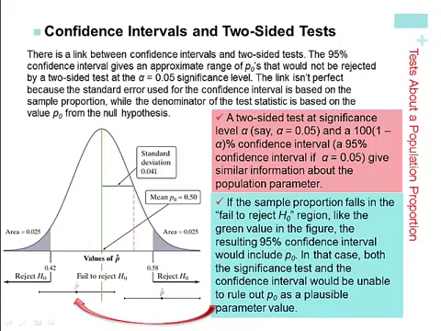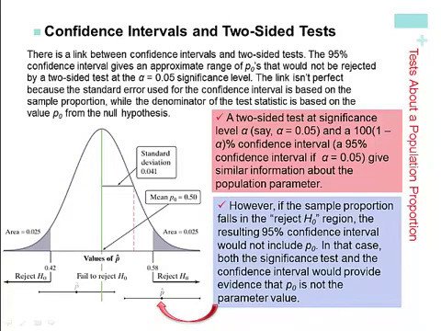If the sample proportion that we take falls in the fail to reject region, which would be between, in this case, 0.42 and 0.58, the resulting 95% confidence interval includes the P0 value. In that case, both the significance test and the confidence interval would be unable to rule out P0 as a plausible parameter value.